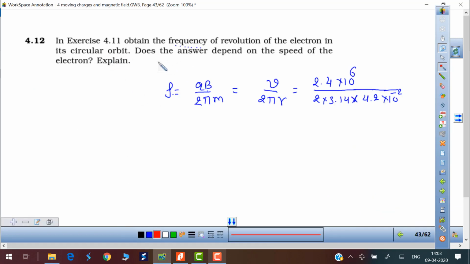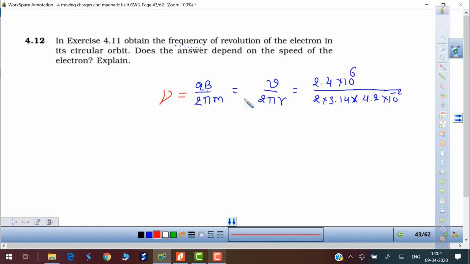In this exercise, from the previous one, obtain the frequency of revolution of the electron in its circular orbit. Does the answer depend on the speed of the electron? Explain why. So frequency is given by qB upon 2 pi m, and this is one way. Once you know the radius, then this other formula is useful.